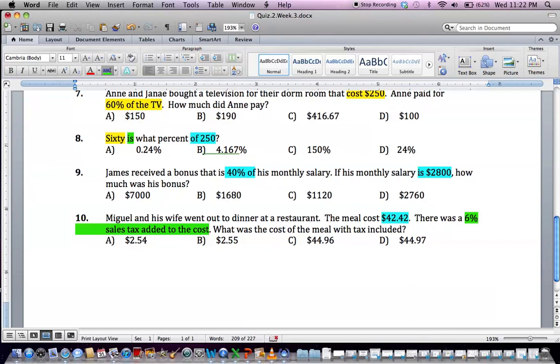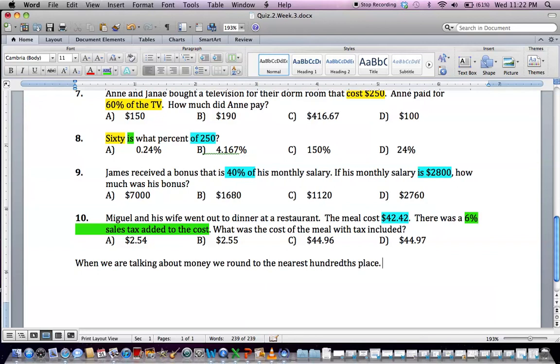Remember that when we're talking about money, it's very, very important that you understand we round to the nearest hundredths place.